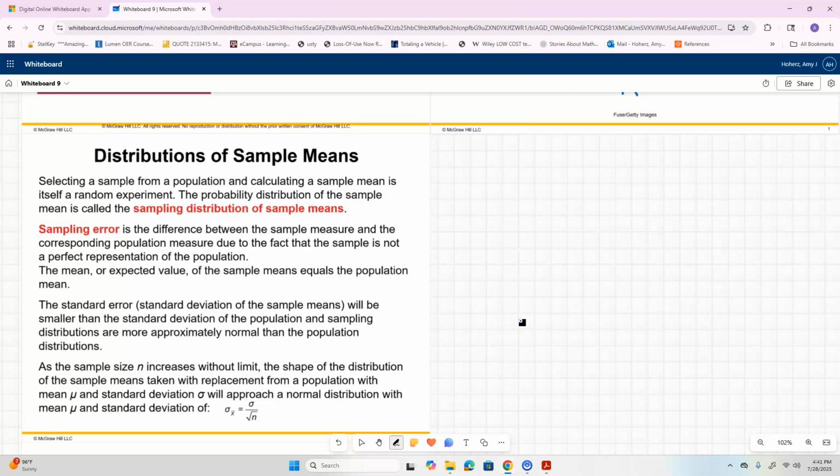So when you select a sample from a population and you're calculating a sample mean, that itself is a random experiment. So the probability distribution of the sample mean is called the sampling distribution of sample means. So we have a distribution of the means of samples instead of just individual people. The sampling error is the difference between the measurement that you get in your sample and the population measurement.